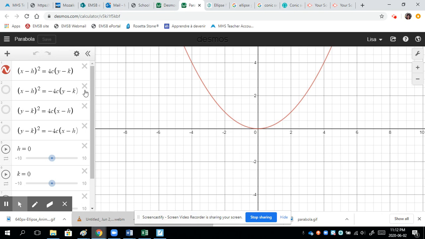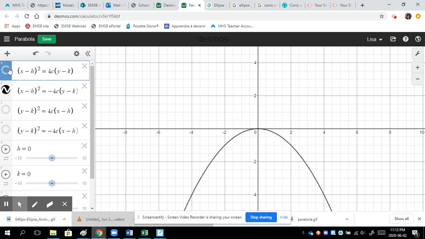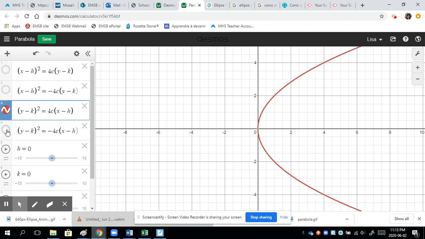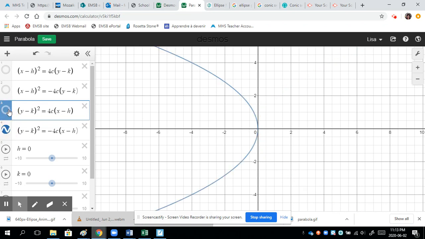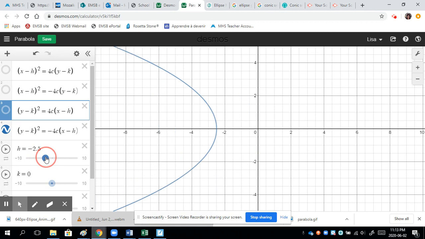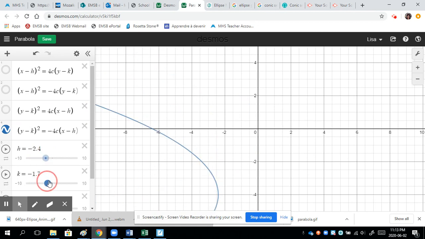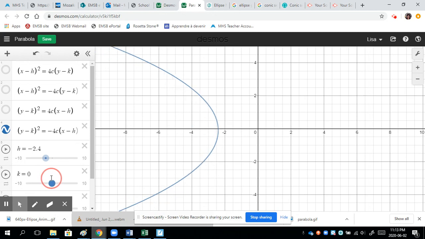You have a parabola opening upwards, a parabola opening downwards, a parabola opening to the left, and a parabola opening to the right. H and K are the vertex. So I just want to show you in one example. H and K are the vertex, so the parabola can be shifted, but the opening stays the same.